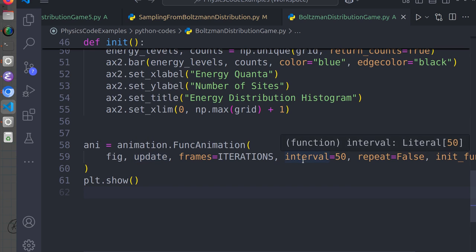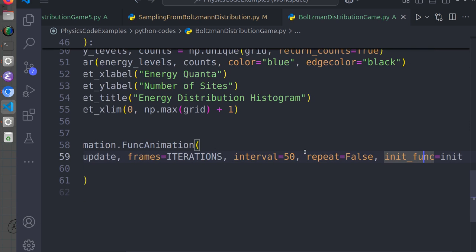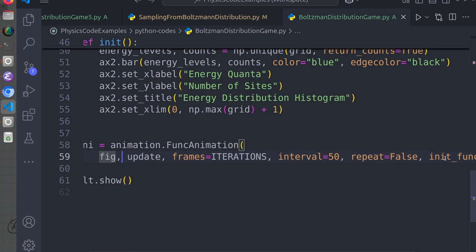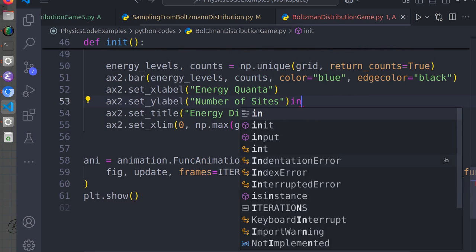And down here, let's see, we're going to have an initialization. So the initialization is going to be given by this init function. So 2 methods are defined upstairs. One is init, and the other one is this update.